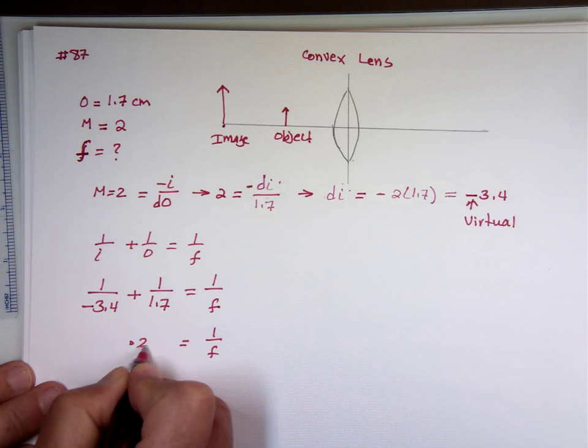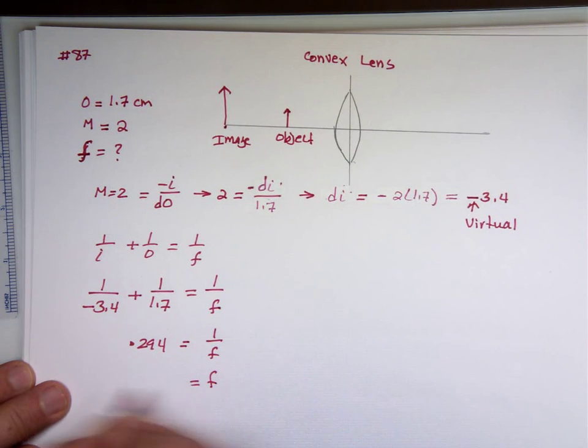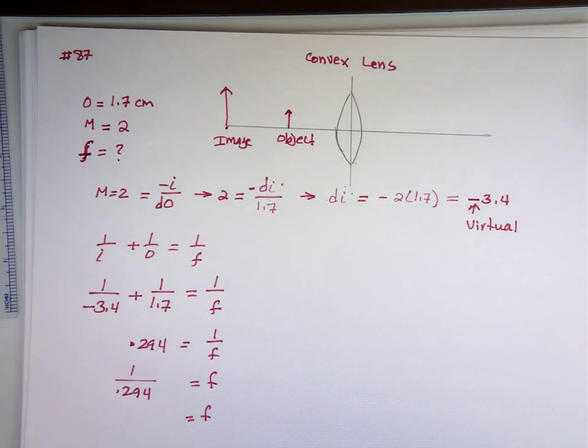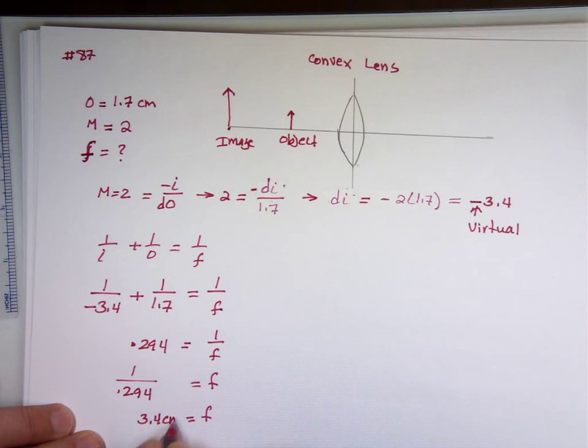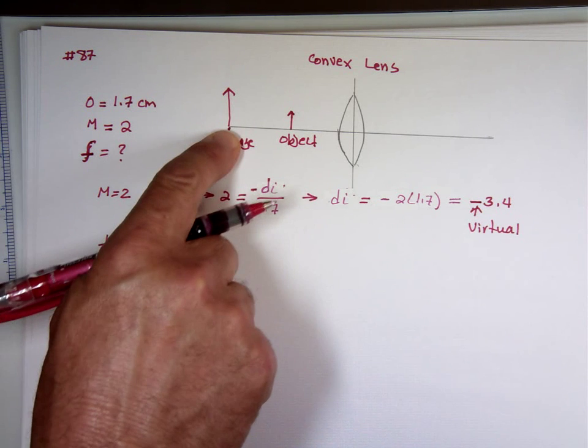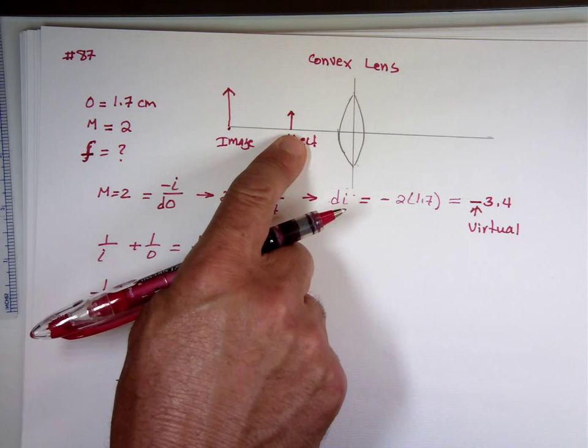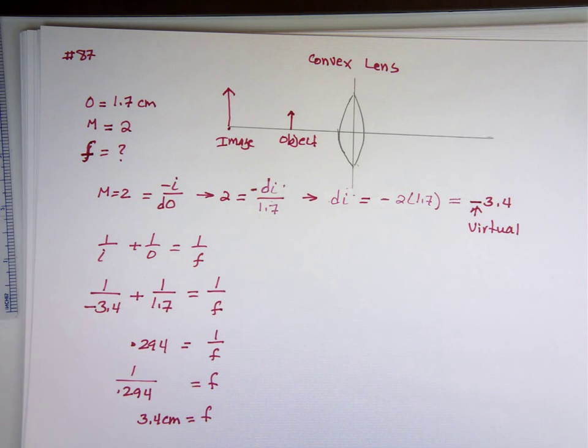F equals 1 over that number, 3.4 centimeters. So the focal length is 3.4 centimeters. Somewhere here. The object is 1.7. So focal, that's the converging lens, that's a positive 3.4. Correct.